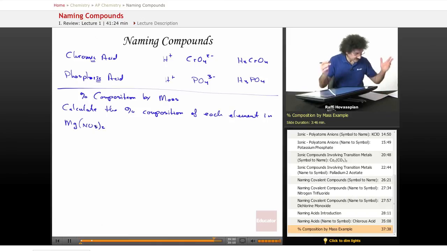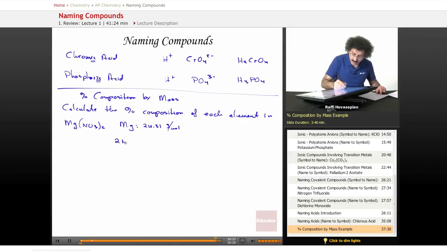Well, let's see what we've got. So basically when we're calculating percent composition, as you know, a percent is a part over the whole. So we're going to take the mass of magnesium over the whole, the mass of nitrogen over the whole, and the mass of oxygen over the whole. So let's see what we've got. Magnesium is 24.31 grams per mole.